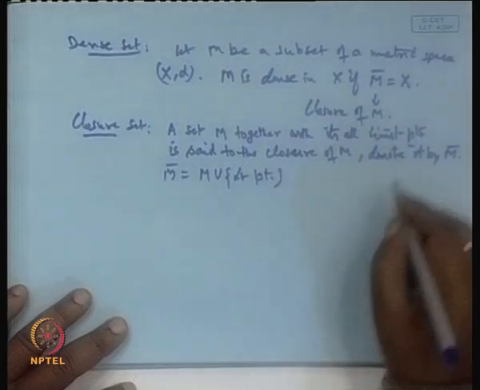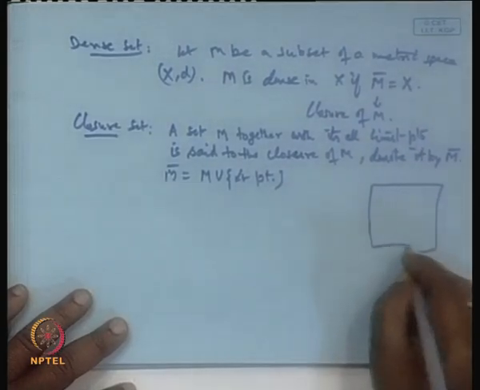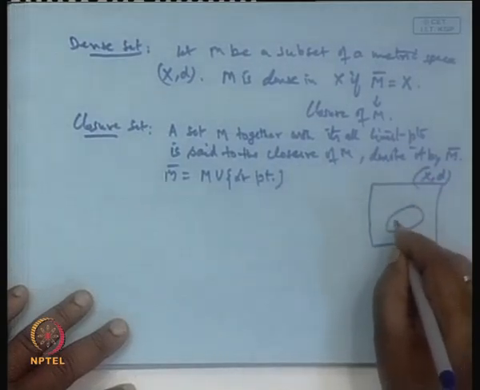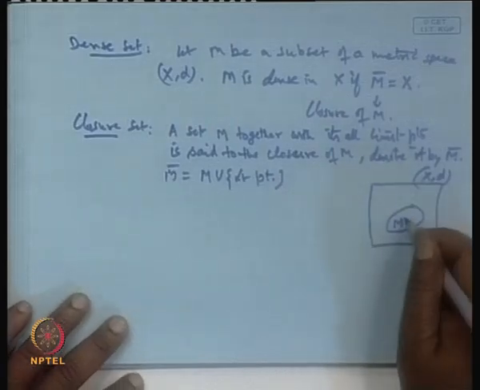The meaning of this is that if this is our (X, d) space and here is M, clear?